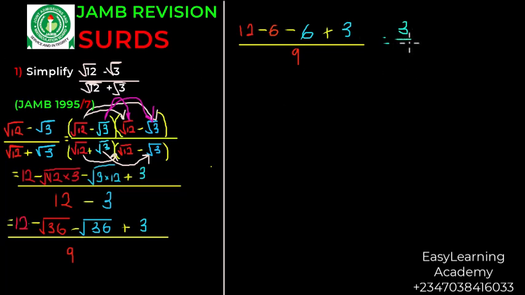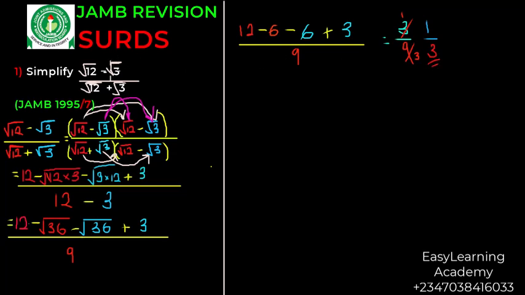Because we are to simplify, we can go ahead to say 3 cancels itself, 1, and then 3 comes into 9 how many times? 3 times. So the answer will give us 1 all over 3. So that's the answer, and it was option A in that past question. This is the answer. It was option A, 1 over 3. All right, so that is it.